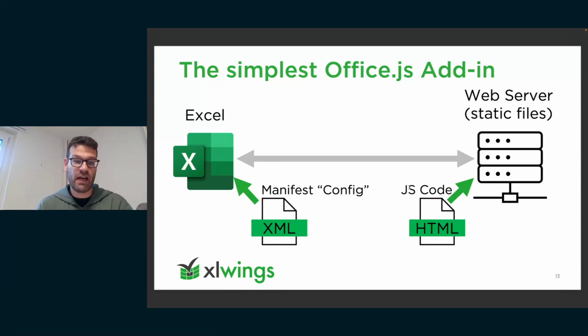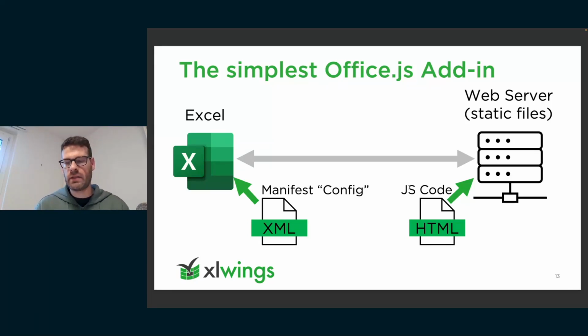One file is the configuration. It's called the manifest. It's an XML file. You load it into Excel, and that tells Excel where your backend server is. It basically gives it the URL of your backend, and also defines, for example, which ribbon buttons you want to show. That is what the configuration does.